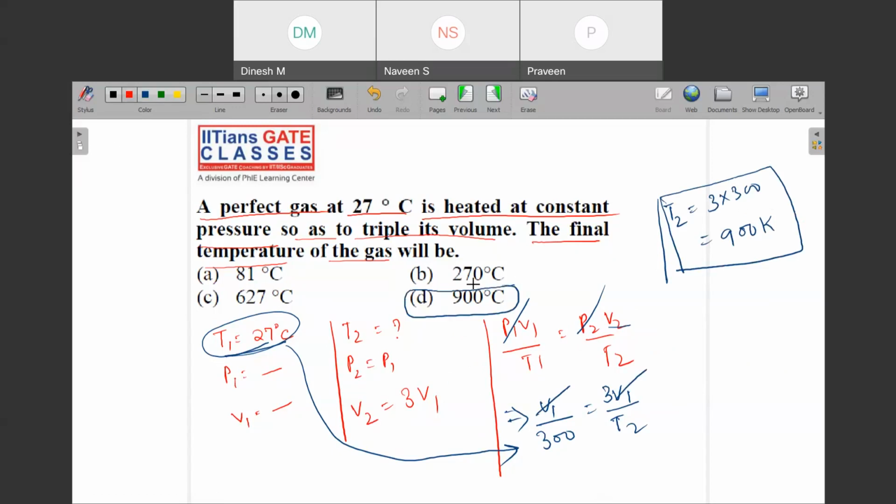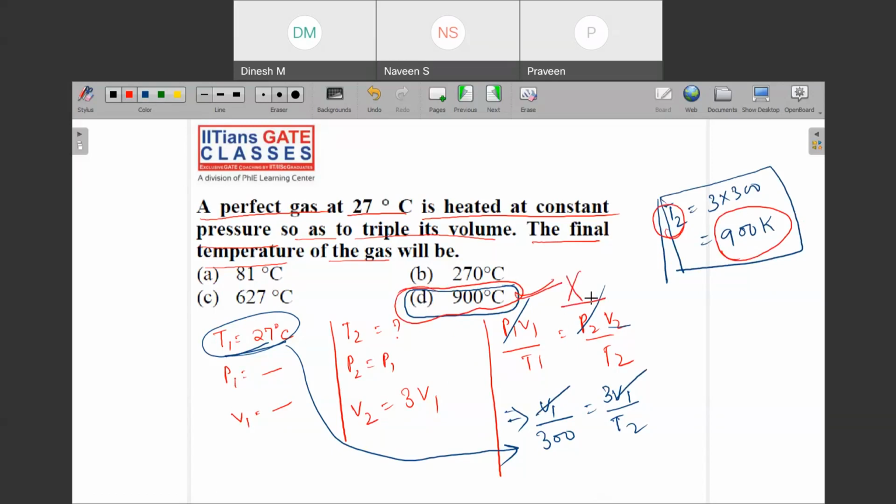See what happens: whenever you solve and you get the magnitude of 900, you will not match the units. You will directly look for where you can see 900 and tick that option. But this is wrong.